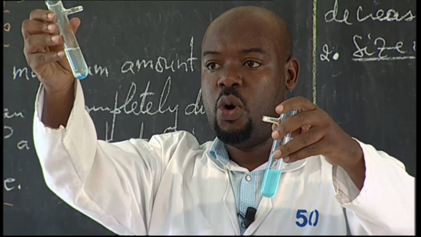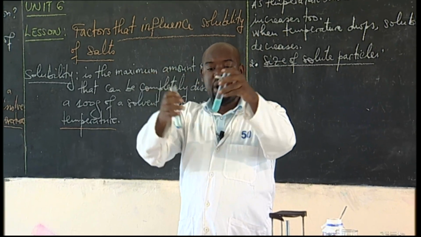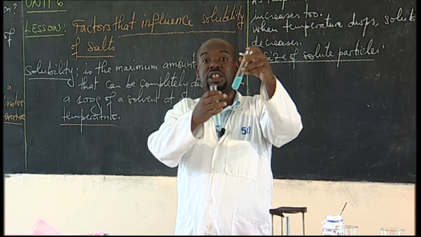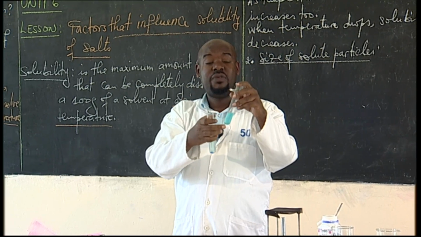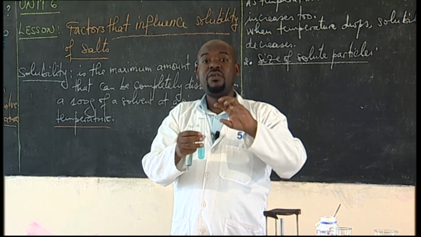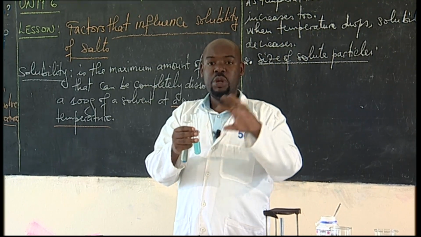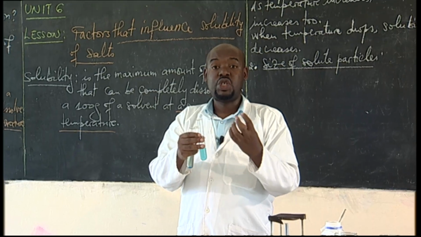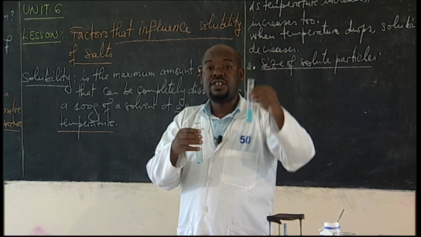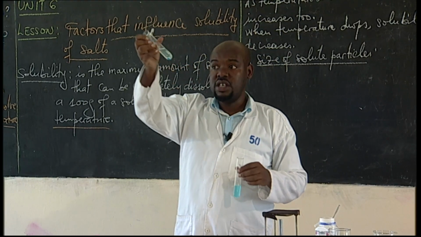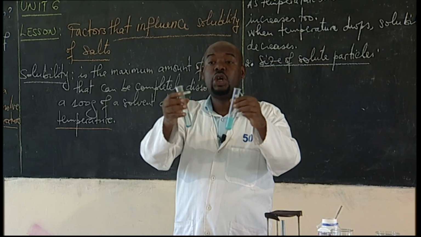In this test tube, where we have large particles, the large particles are still there, but the small particles have completely dissolved. So solubility increases when we have small particles, because we have a lot of particles which have a large surface to be in contact with the solvent. So small particles will always dissolve faster than large particles.